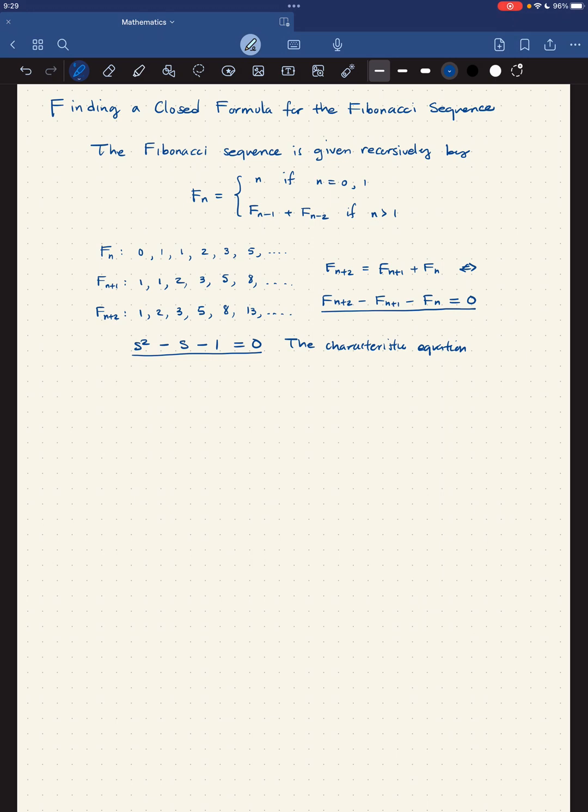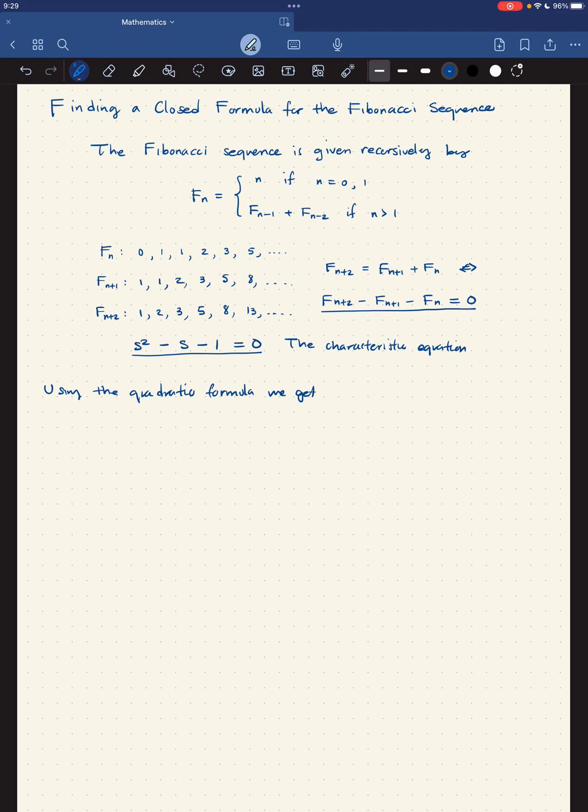The beauty of this is that the characteristic equation is now a polynomial equation, for which we may find the roots by simply applying the quadratic formula in this case.